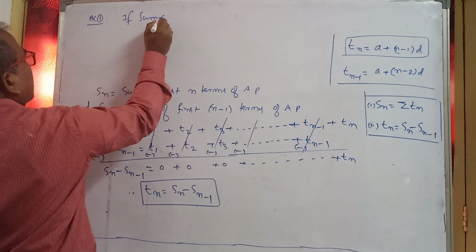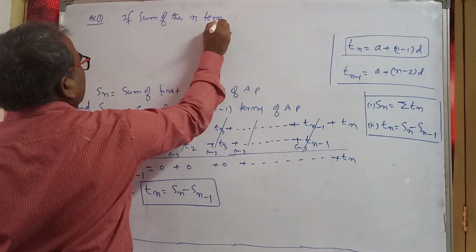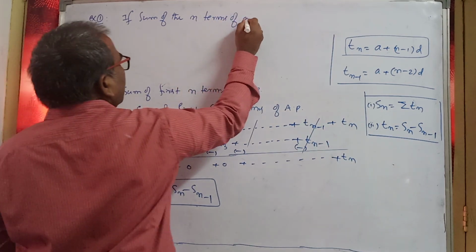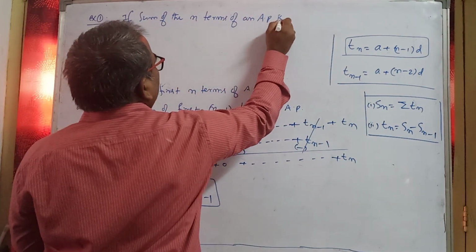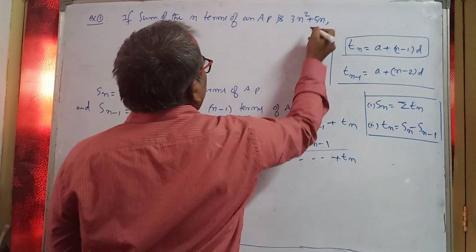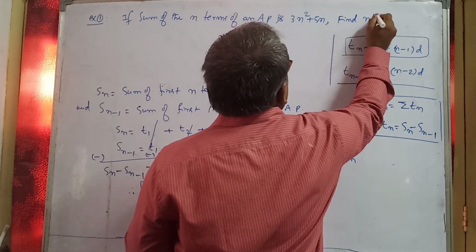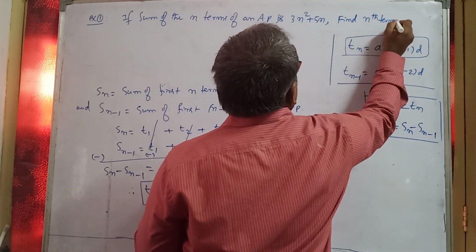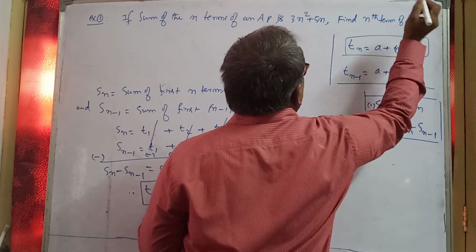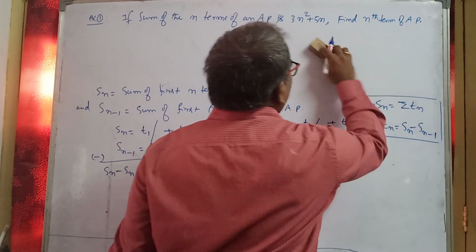If the sum of the n terms of an AP is 3n square plus 5n, find the nth term of the AP. That is the question. Find the nth term of the AP.